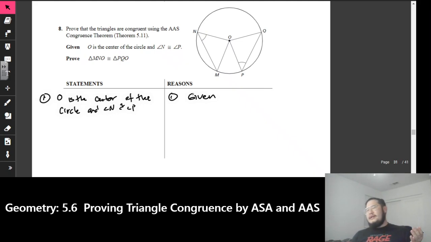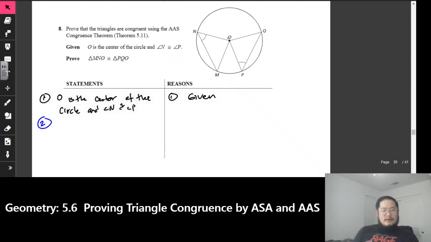There's some real important reason why they told us that O is the center. Because then you should be able to look and determine something about the sides. That'll help us with statement 2.